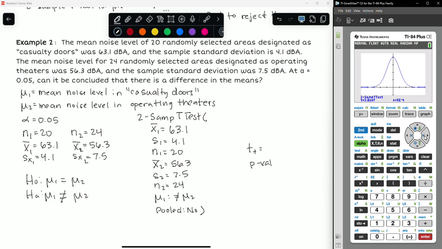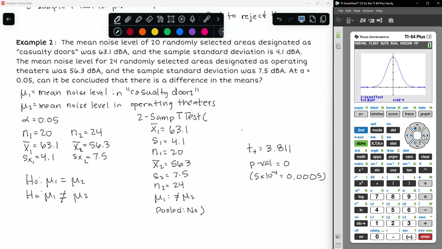We're given a test statistic of 3.811 rounded and a p-value of 5e to the negative 4, which I know I can round to 0. If I wanted to be exact, that's 5 times 10 to the negative 4, which is equal to 0.0005, which is much less than 1%, so rounding to 0 in this case is fine.